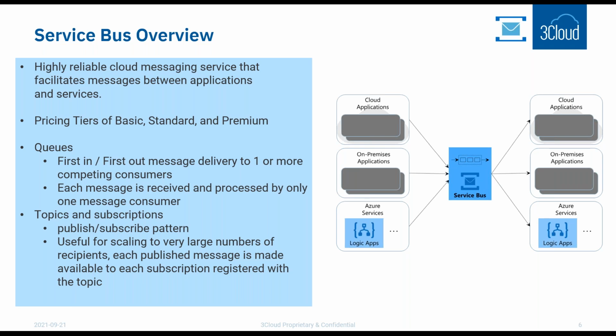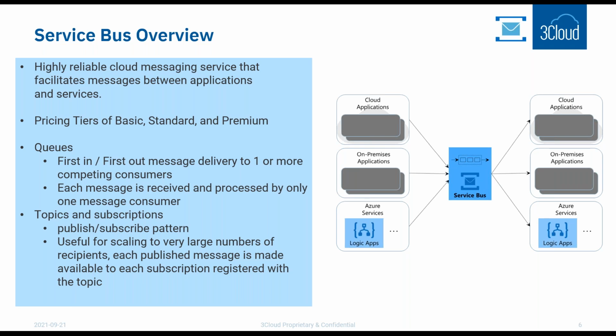Also, another nice thing about this is if you have multiple consumers that need to read your message, say application A needs to read every message in the topic, but application B only needs a certain subset of those messages.